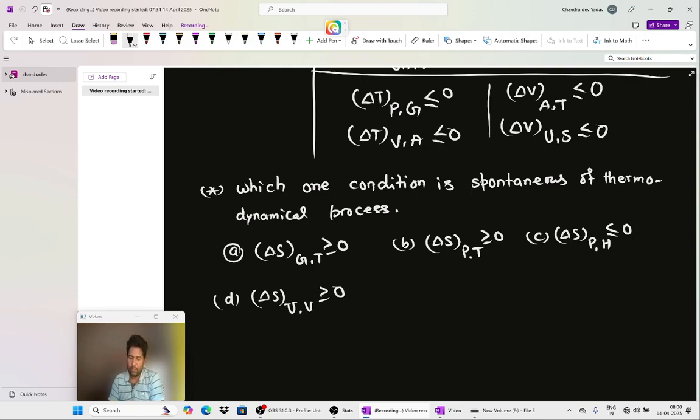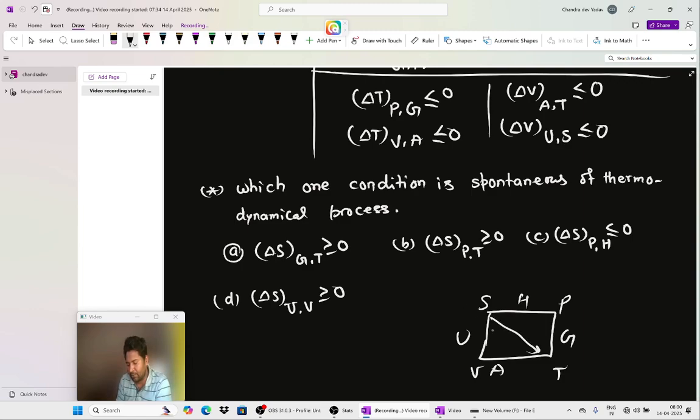So according to the Maxwell Born square, we know that SP, VT, HG, AU. The arrow goes far away from entropy. So entropy change is always greater than 0 or equal to 0, not less than 0. Clear?